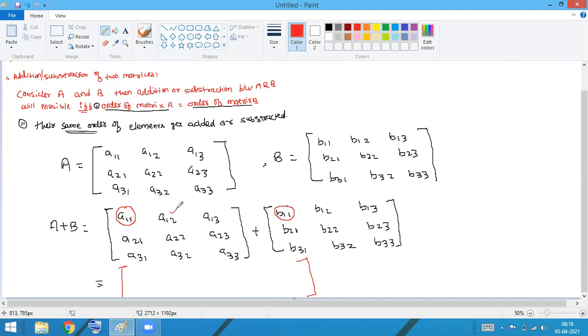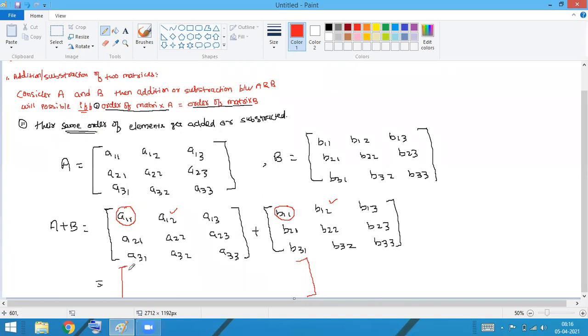Then I will add these two elements, because addition or subtraction will be possible only if the order of matrix A is equal to the order of matrix B. The second thing, जो elements को add करेंगे उसके order भी same होने चाहिए, मतलब उनके position भी same होने चाहिए, then we can add. अदर यदि ऐसा नहीं होगा तो हम लोग उसको add नहीं कर सकते.